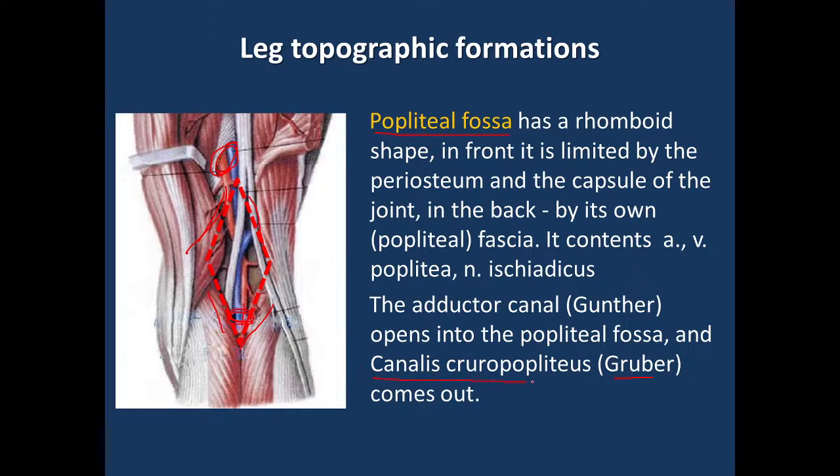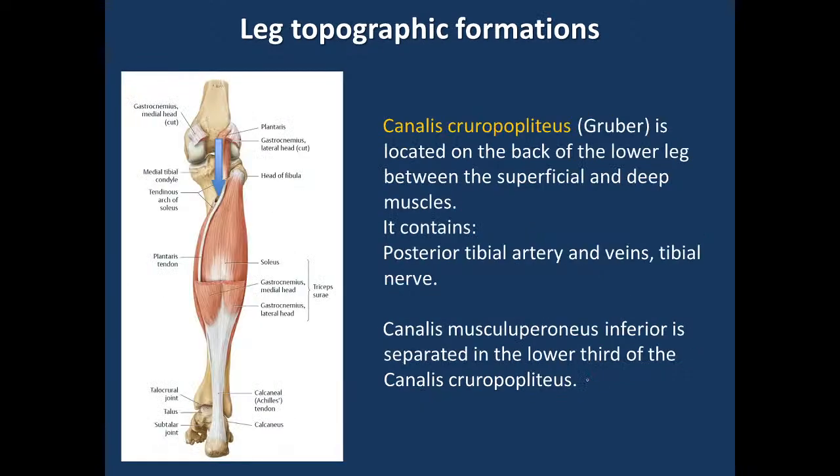We call it the cruropopliteal channel, which is located on the leg. Here you see the cruropopliteal channel named after Gruber, and it is located between the superficial and deep muscles of the leg.